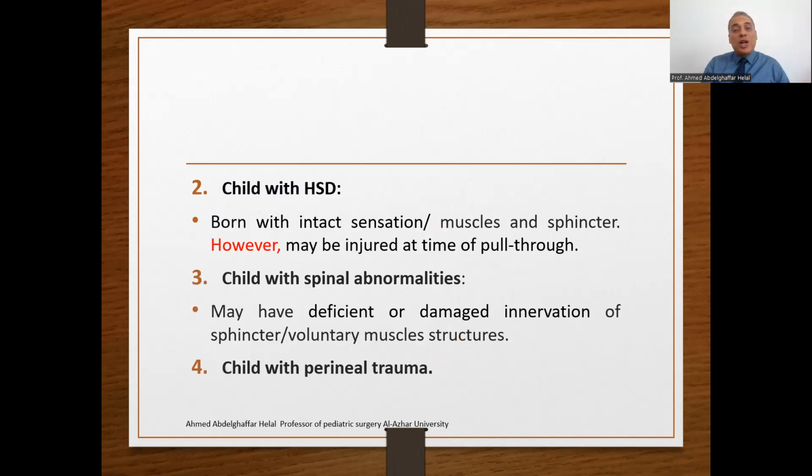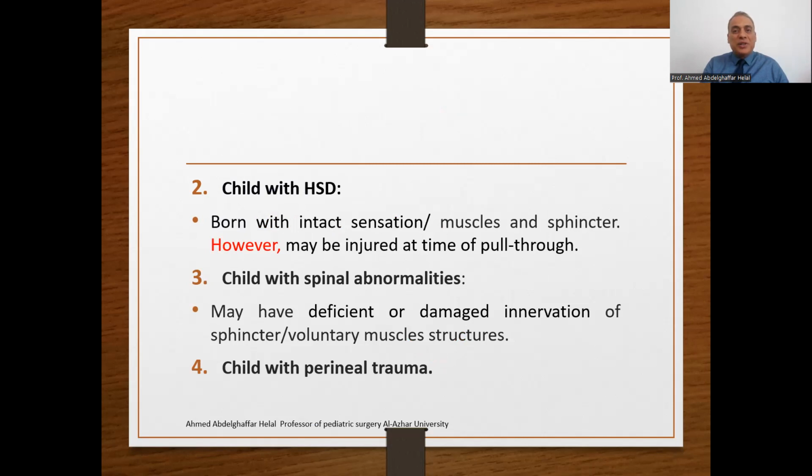Number two, child with Hirschsprung disease. Normally, Hirschsprung disease is born with intact sensation, intact muscles, and sphincters, because the pathology is related to hypoganglionosis, so not related to these structures. However, these structures, if not meticulously preserved during pull-through surgery, may be injured or damaged, leading to fecal incontinence.